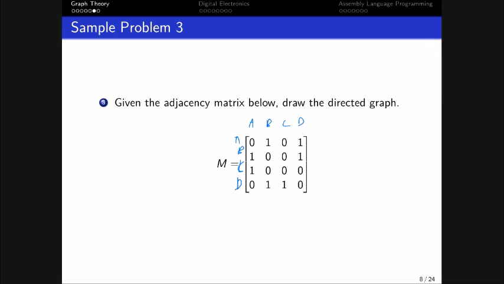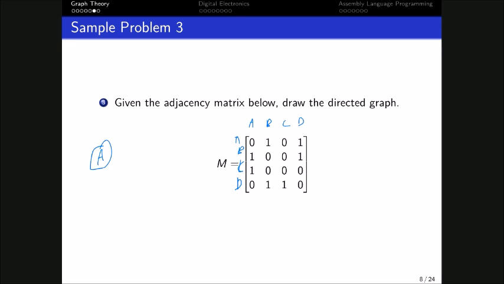You'd have to draw an edge from A to B, and you'd have to draw an edge from A to D. So if I were to draw A like this, you can be pretty abstract with the drawing.